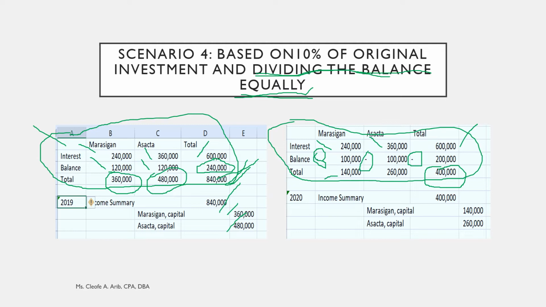Kasi babawasan natin ng 100. Si Asakta naman, 260. So, when you add 140 and 260, yun pa rin, 400,000. So, anong magiging entry natin? Ayan, income summary debit, 400. Credit ka ng Marasigan and Asakta capital. So, that's it. That's how you divide pag ganito yung scenario.